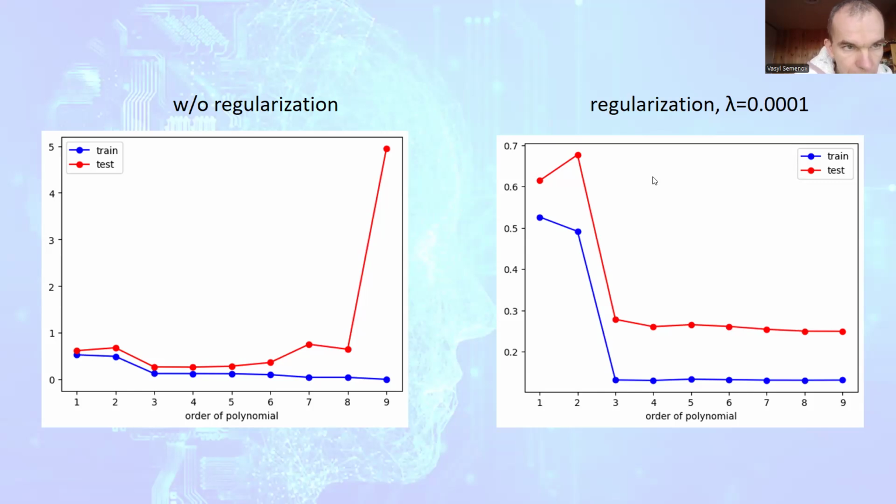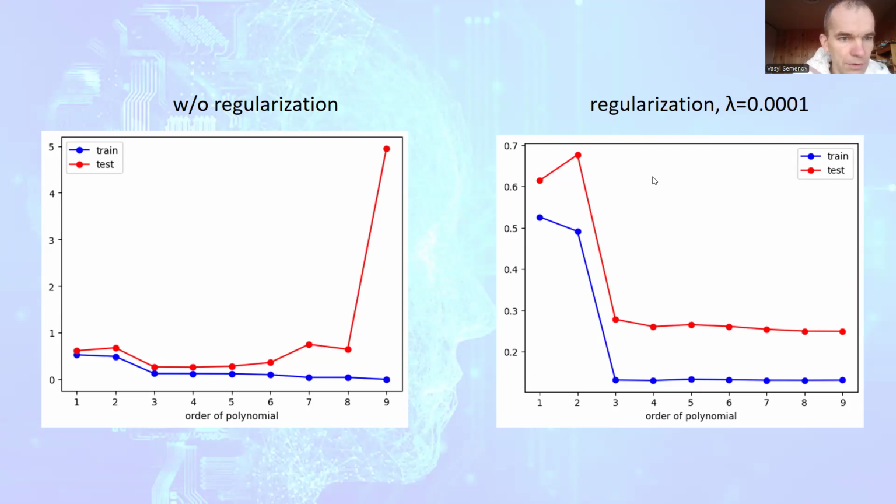But if I take, for example, a 15th order polynomial, or maybe 14th, I have a very high error for testing. And this is a plot of training and test error. Training error becomes almost zero, while testing error is quite high.